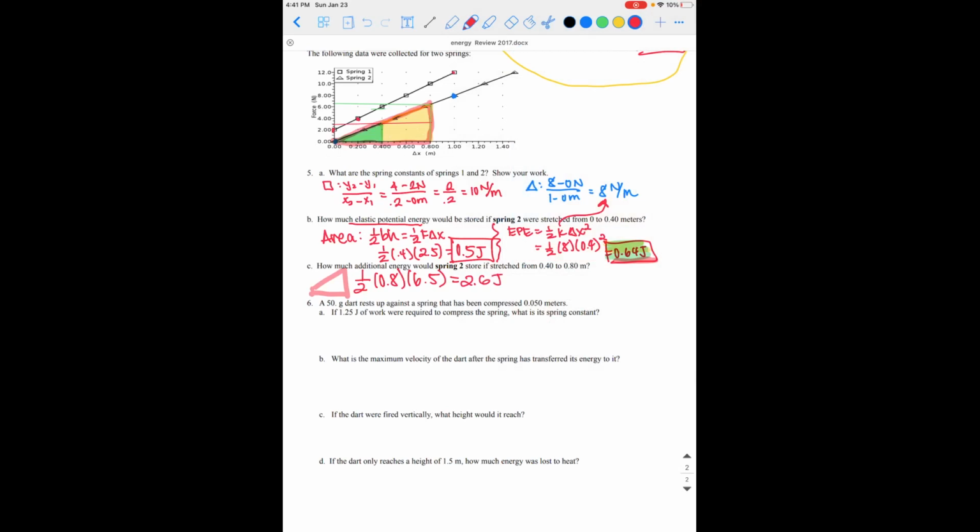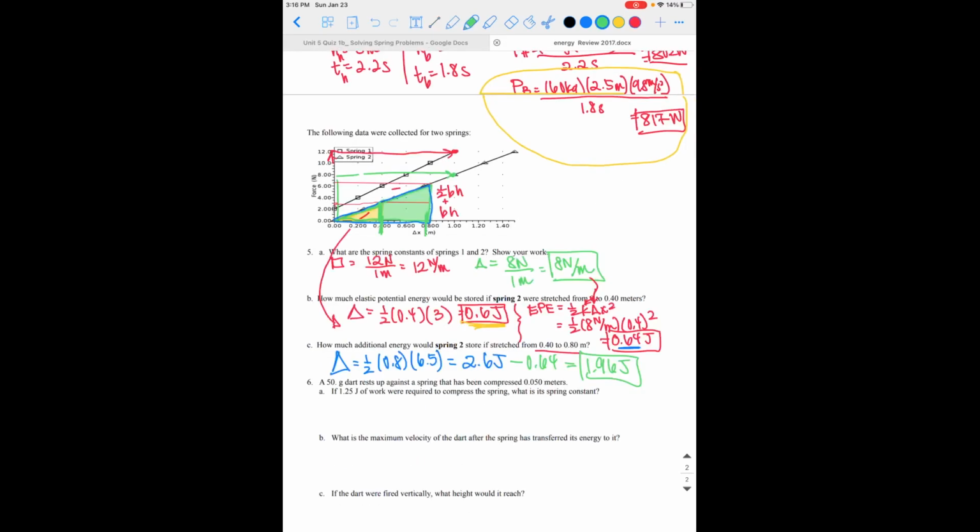I want to subtract that small triangle, so 0.64 joules, and that gives me 1.96 joules. In the answer key, you'll see 1.92. Like I said, they're pretty close and it's an estimation. So if you get somewhere around here, that would be fine.